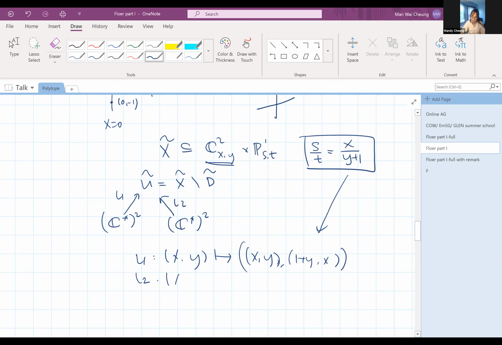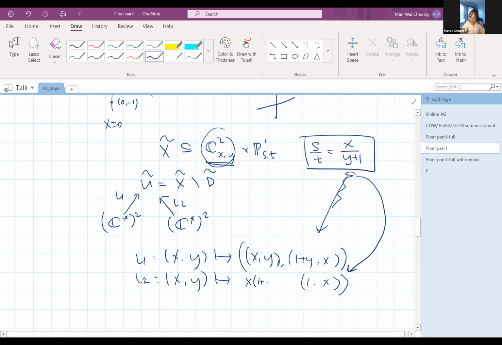So here I do 1, x in P1, and then again we do algebra. From this relation, we can go back and compute this C2. We have this thing. It's simply by this relation and doing the computation.